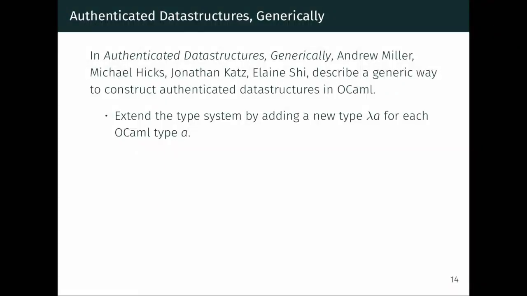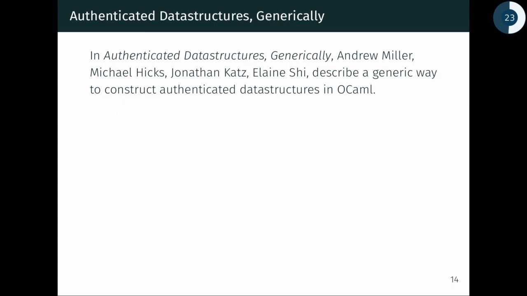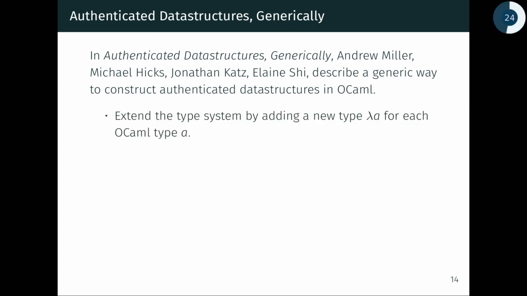Also, I should mention they modified the OCaml compiler, actually. Their basic idea is they extended the OCaml type system by adding a new type lambda A for each OCaml type A. I personally find lambda a bit overloaded, but anyway, that's their notation.